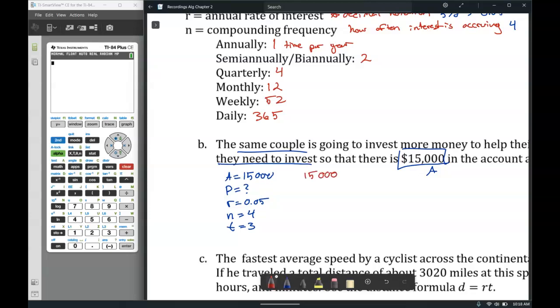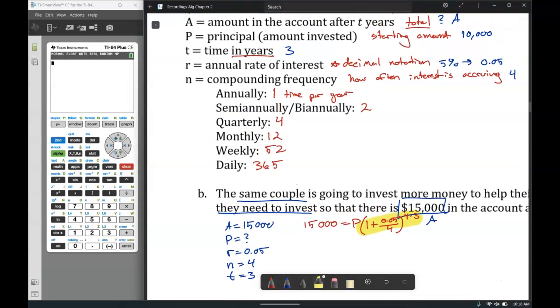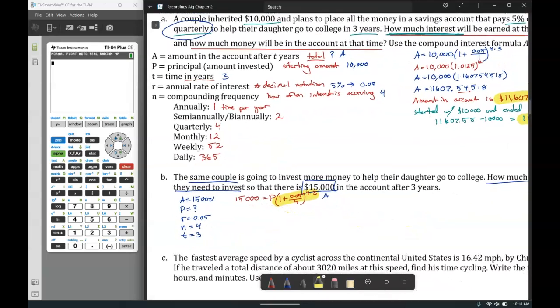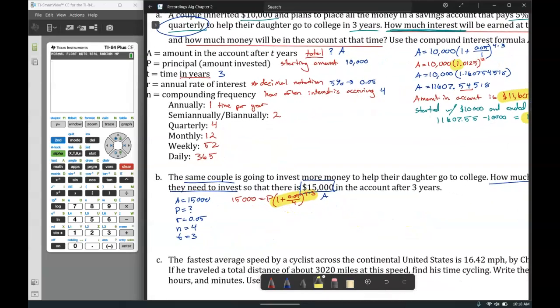Now it's going to be $15,000 equals P times 1 plus 0.05 divided by 4 to the power of 4 times 3.